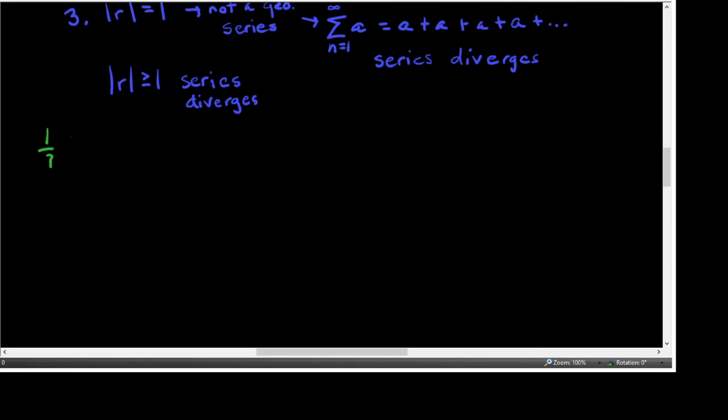So the first one, I believe, was 1/3 plus 1/9 plus 1/27 plus... And if you look at this carefully, the next term is always found by multiplying by a constant. It's always times 1/3 to get the next term.